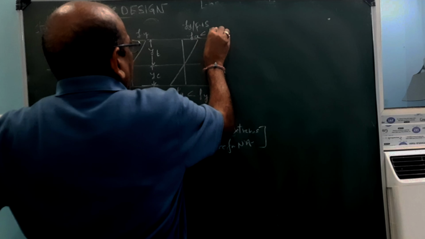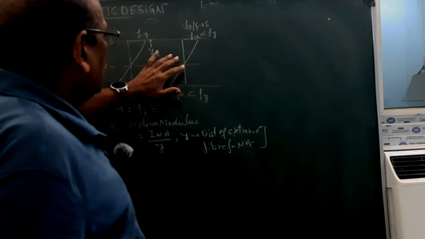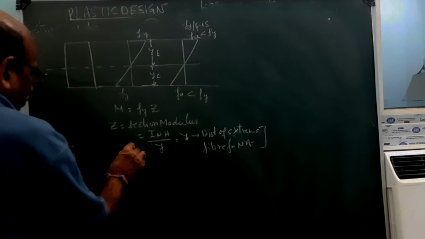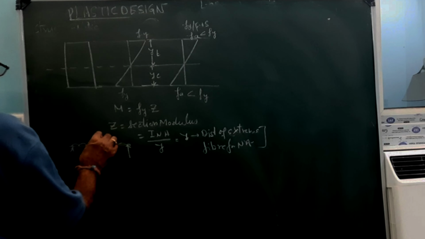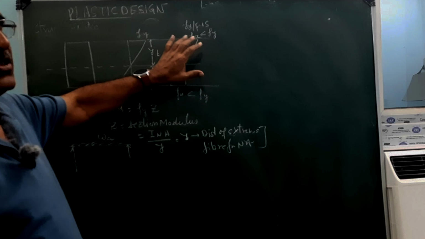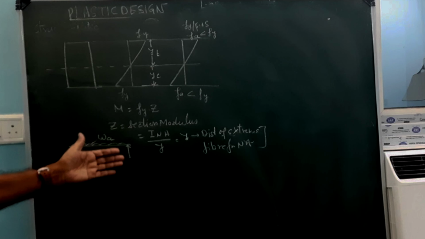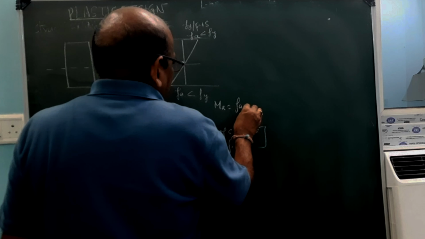So if you take some example of loading pattern, something like that, there is a UDL, so load is W, then we have this stress diagram, in which we can always find out the moment Fy into Z. But if you find out, Ma equals your Fa into Z.